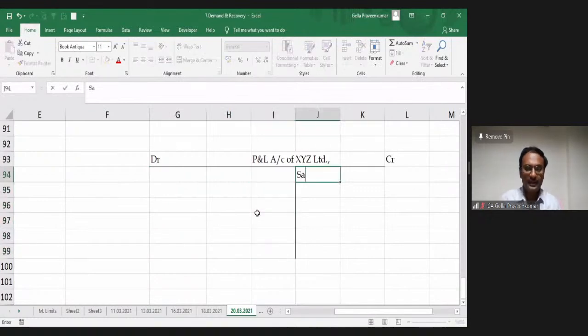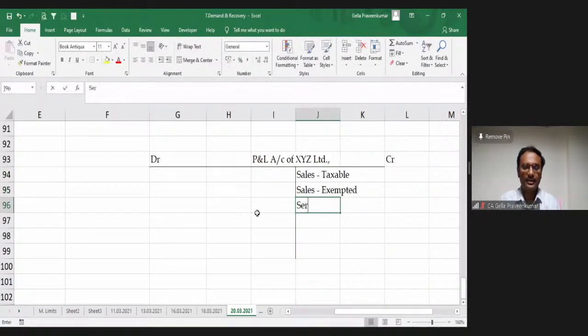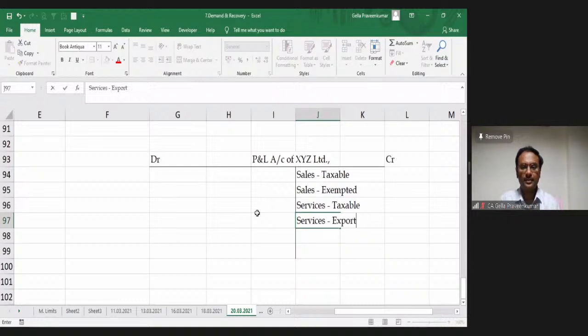I have sales taxable, sales exempted, services taxable, services export.